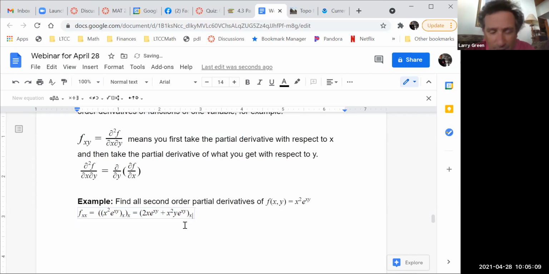And this is one of those where it's worth simplifying, because I got to take another derivative. So that is equal to 2x plus x squared y, e to the xy, sub x.